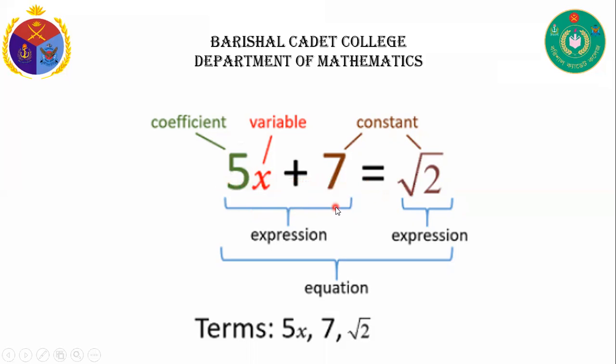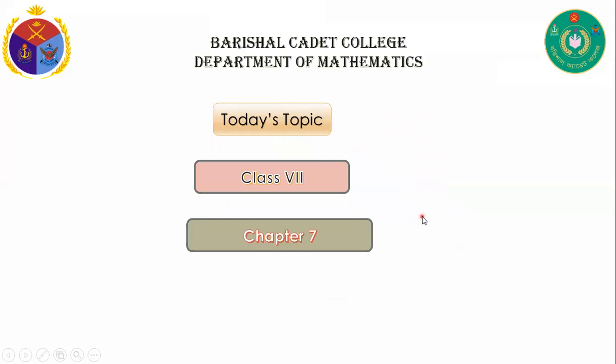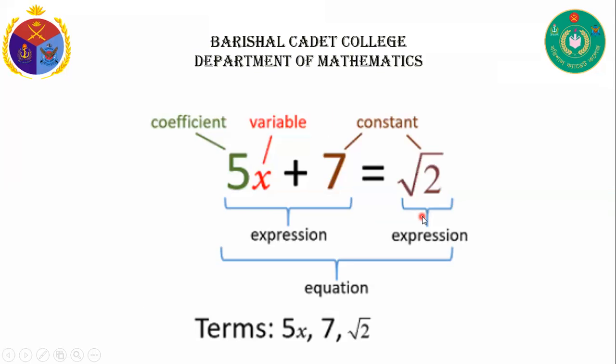This is the left hand side, this is the right hand side, both sides make an equation, and these are called the terms. So boys, our today's topic is chapter 7, simple equations.